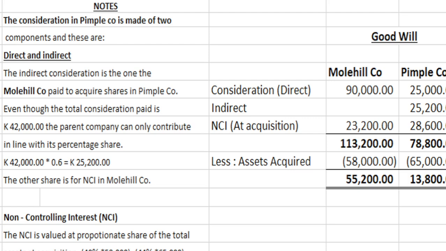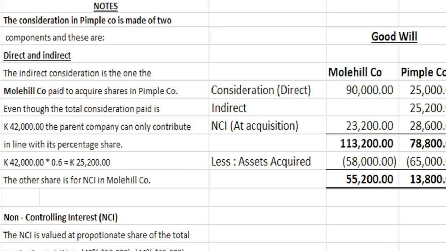So the NCI in More company at acquisition was 23,200 kwacha. In the other company, Pimpo company, it was 28,600 kwacha. We arrived at this figure after calculating 44% of 65,000 kwacha, the total assets acquired.